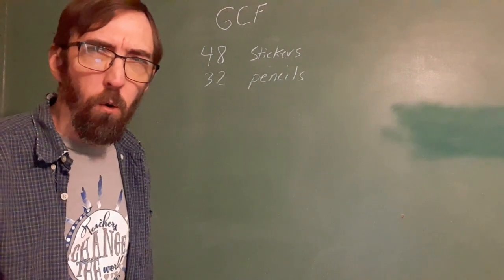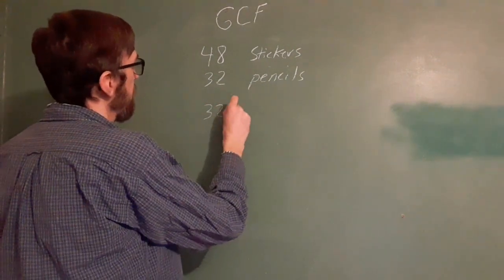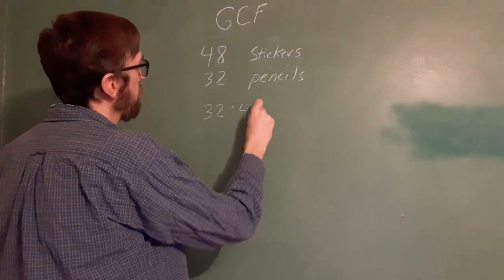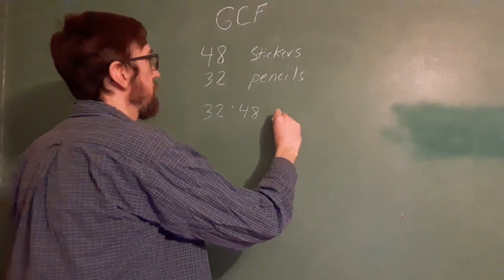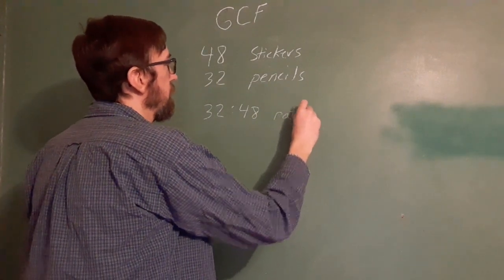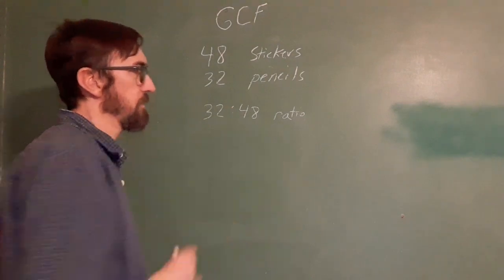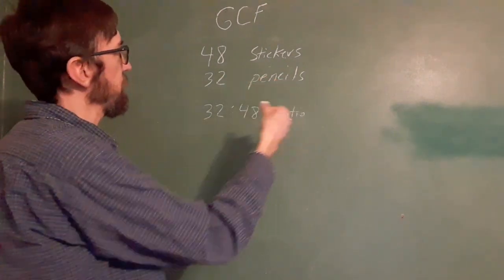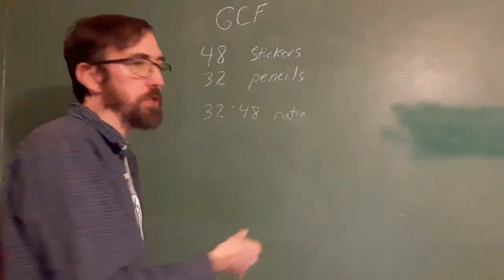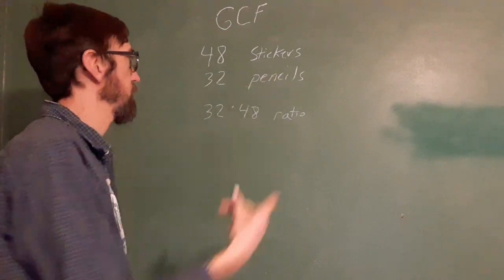If it would help, you could write this like a ratio. And that's kind of the question. What is the ratio reduced that is going to be stickers to pencils or pencils to stickers in each spirit bag? So in this case, we have pencils to stickers.